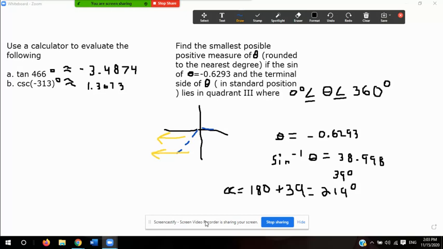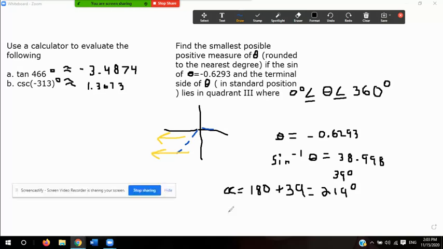I'm going to say then that the sine of 219 degrees equals negative 0.6293.